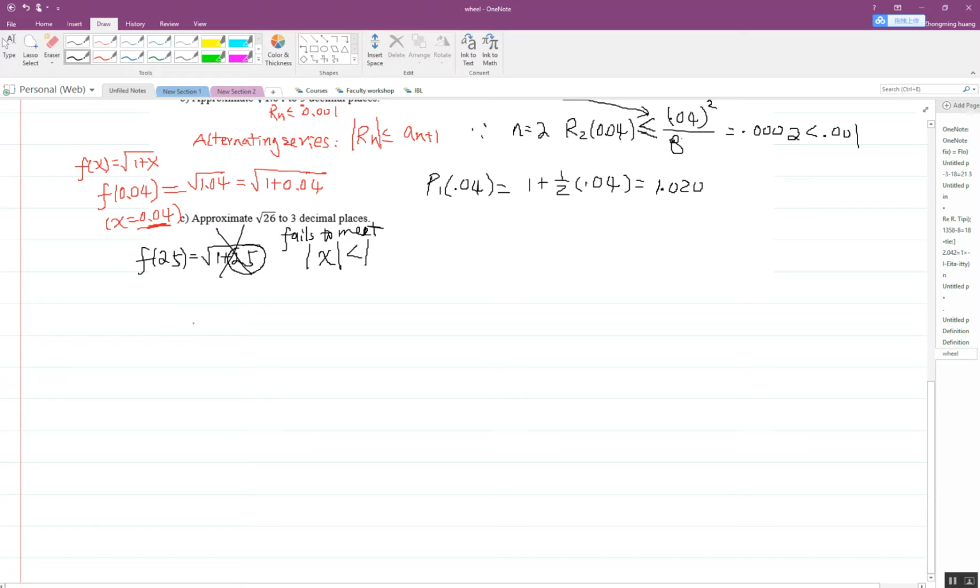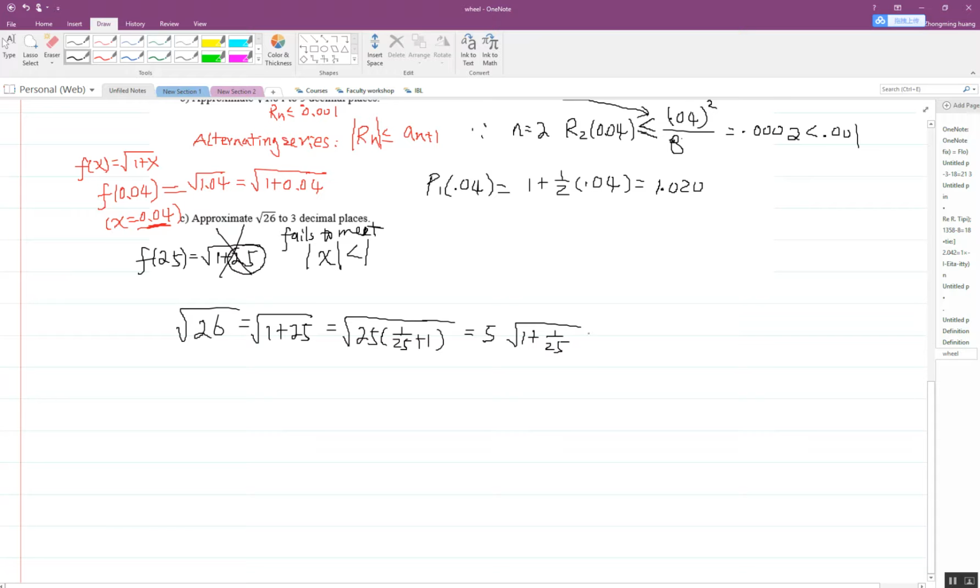Well, here's what we can do. You can consider this square root of 26 as the square root of 1 plus 25, and then factor out the 25, right? When you factor out the 25, you get the square root of 25, which is 5, and inside the square root you have 1 plus 1 over 25.